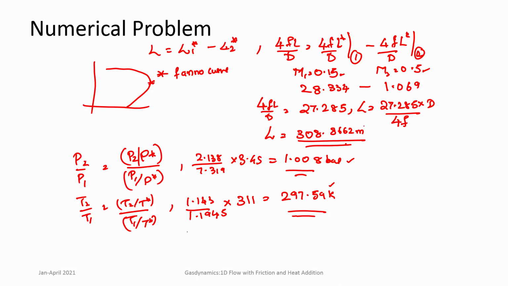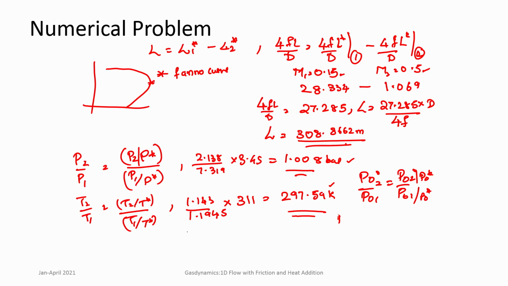Now, what about stagnation pressure loss? That stagnation pressure loss is P02 by P01, can be written as P02 by P0 star divided by P01 by P0 star, and from this you can get it the same way that you did for P2 by P1. Now, this is in Fanno flow, okay, you have to refer to Fanno flow conditions.